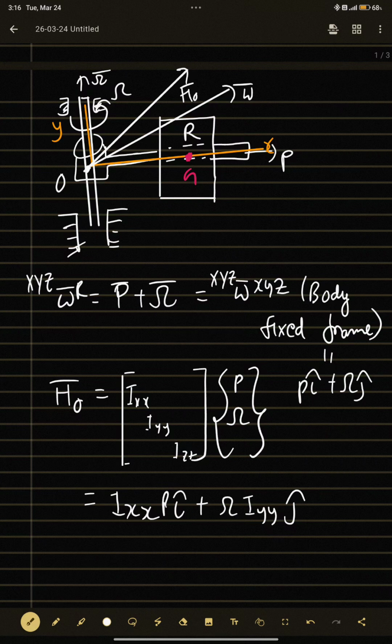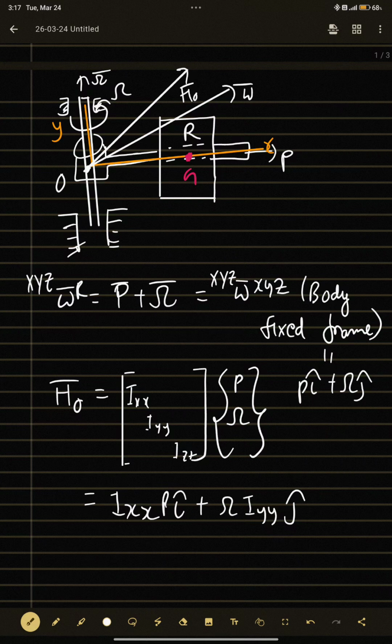Which frame are you using to observe omega? The body fixed frame of reference, which is moving with this, but it also has two angular velocities, one about the vertical axis and one about the x-axis.